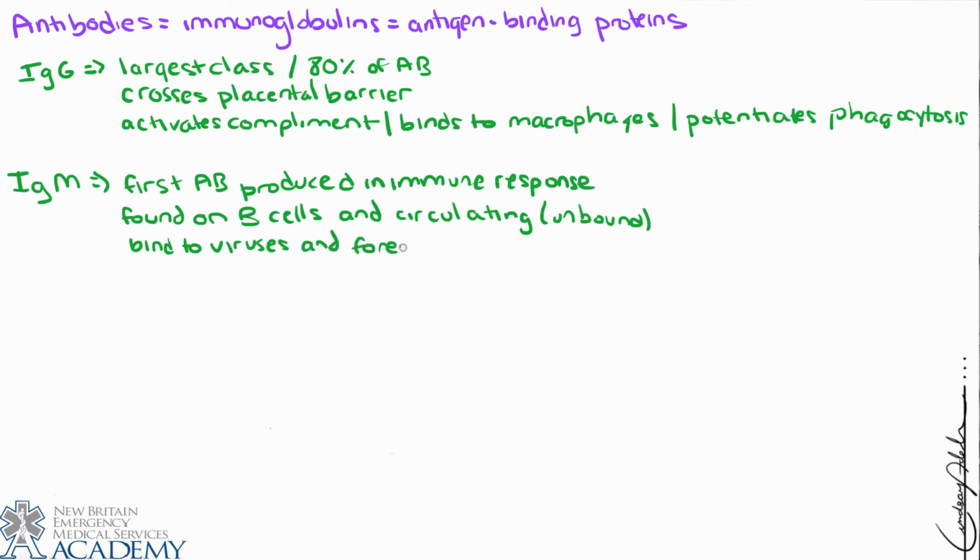They bind to viruses, and they also bind to foreign red blood cells, and as a result these are the antibodies responsible for the cross reactions with transfusion. So if you give a patient B blood who has type A blood and they have a transfusion reaction, it's generally the IgM antibodies that are responsible for causing the problem.